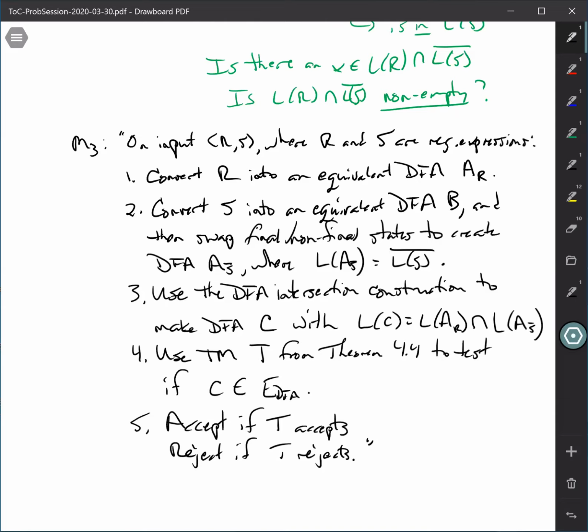So yeah, then the L of C, as the intersection, would be exactly L of R if and only if R is a subset of S, right? And then you could use EQ DFA on R converted to a DFA directly and C, yes. So that you could do, and yes, that would work. So that's another good way to do this.